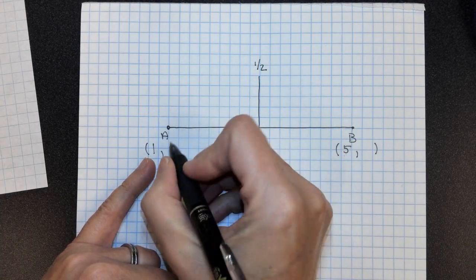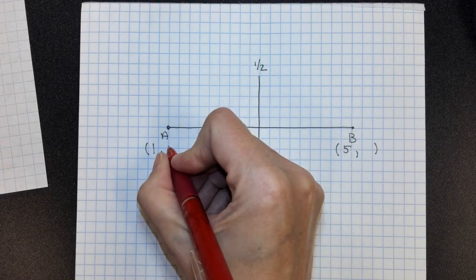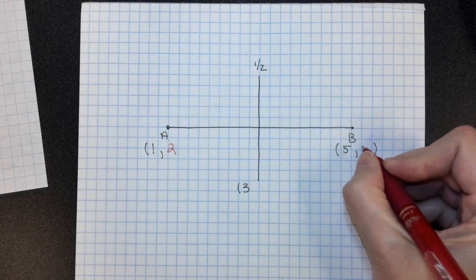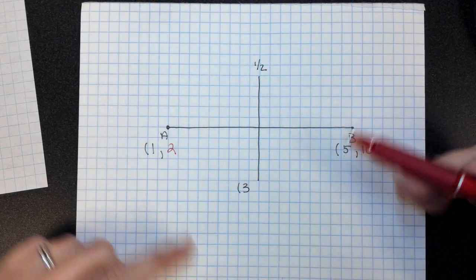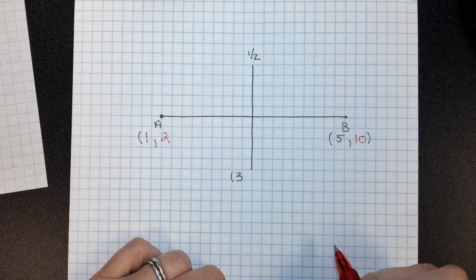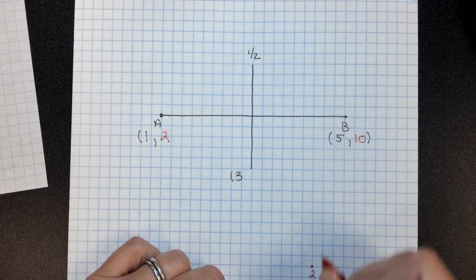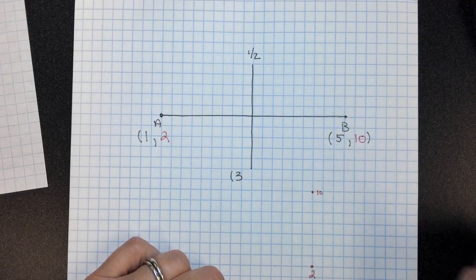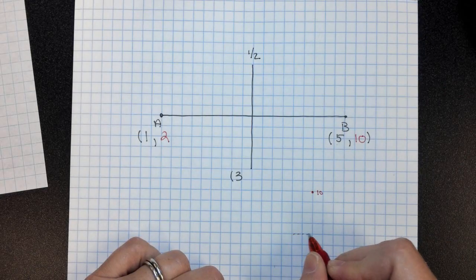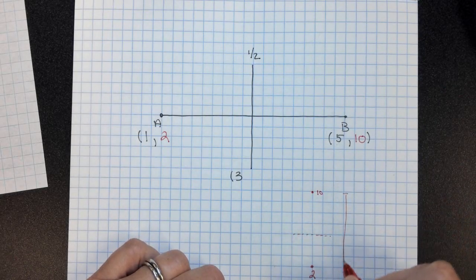The A value has a y of 2, and this is 10. So vertically, imagine that you're at 2 down here, and you're at 10 up here. So the whole value is 8.